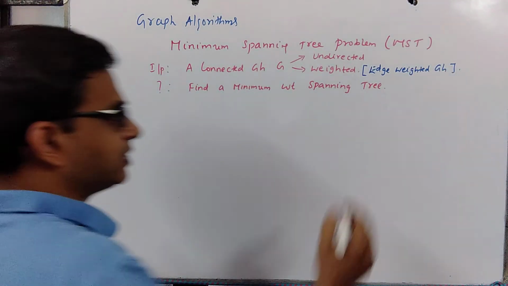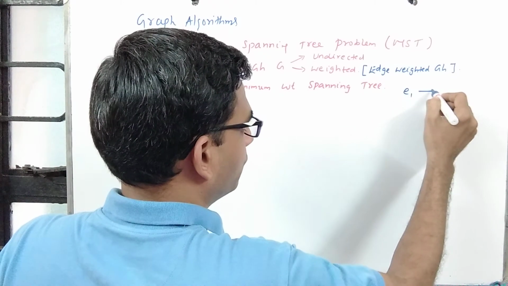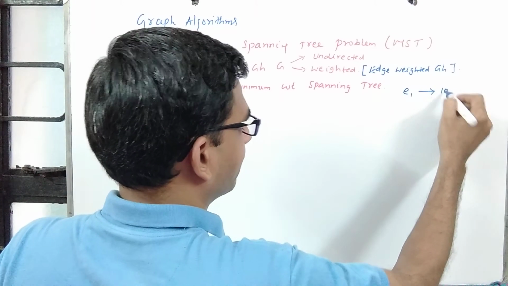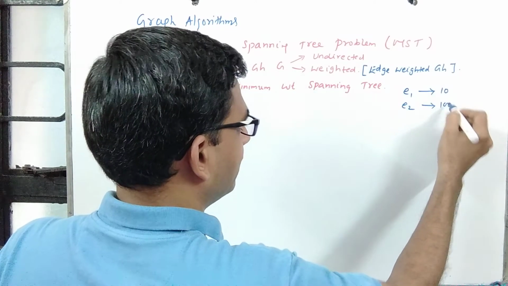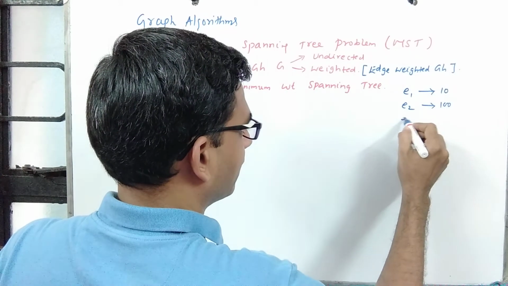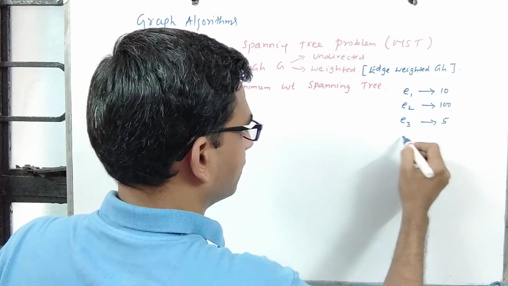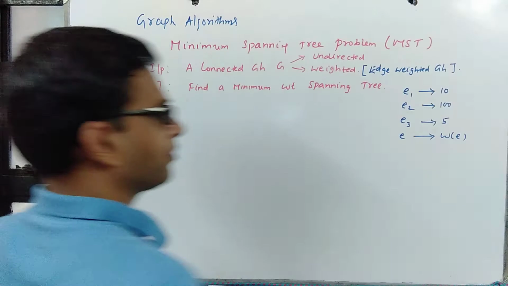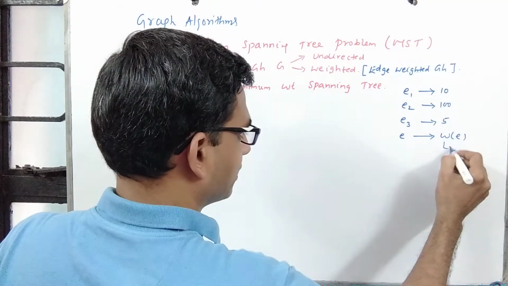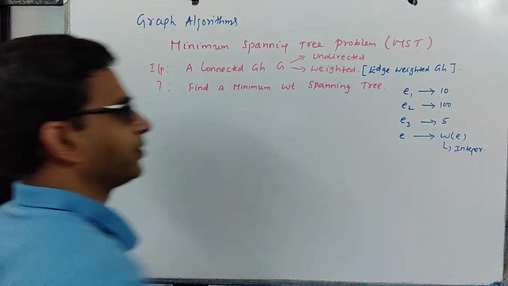Weight is a function, so we map E1 to some weight, say 10, E2 to say 100, E3 to some number, say 5, and in general E is mapped to weight of E. And this is an integer or some real number and so on.